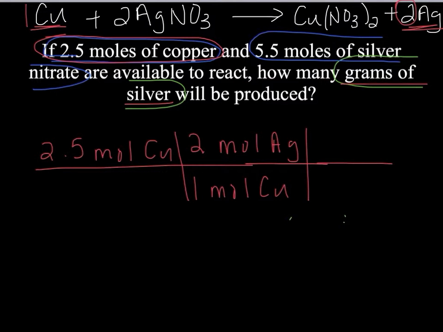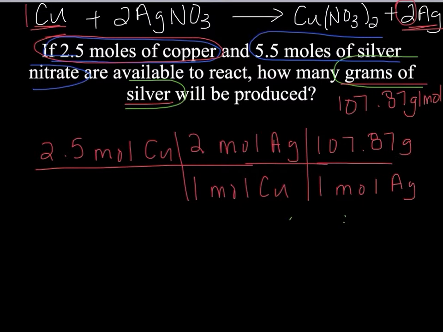The molar mass of silver is 107.87 grams per mole. I'm going to put my moles on bottom, so I have 1 mole of silver for every 107.87 grams. Again, I put my moles on bottom so that it cancels out with moles of silver, which I was previously at.